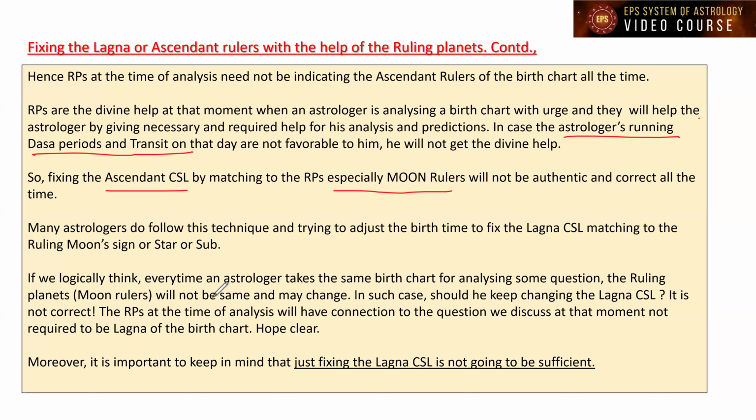Every time an astrologer takes the same birth chart for analyzing some question, the ruling planets, moon rulers will not be the same. They will change. In such a case, should he keep changing the lagna sublord or sub-sublord? Changing the sublord means definitely adjusting the birth time. It is not correct, right?